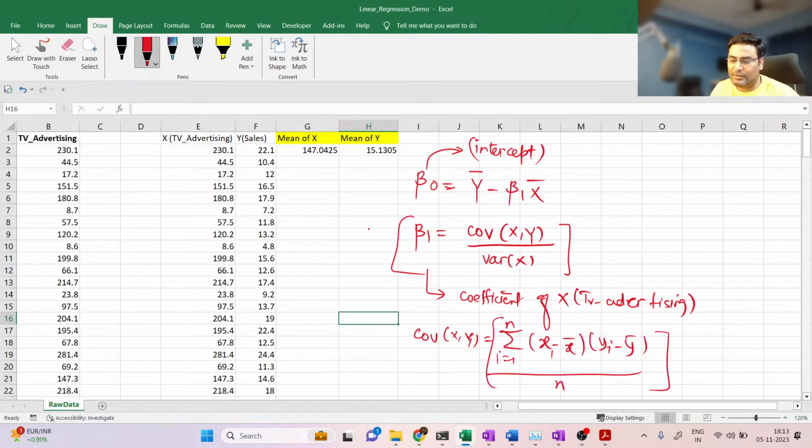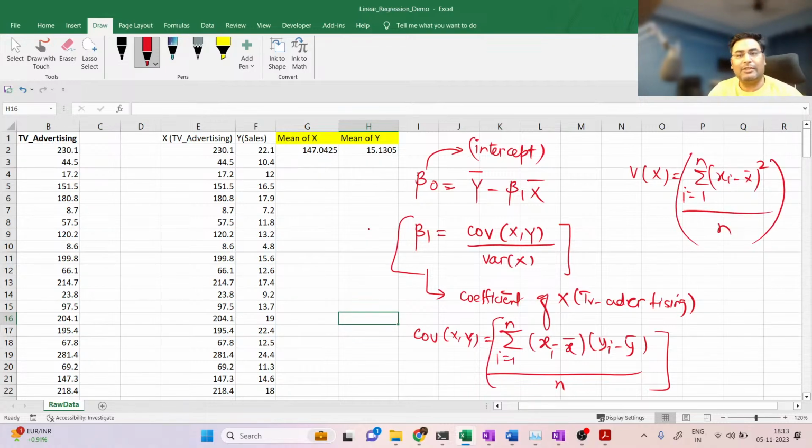That's your covariance. And what is variance of x? It is sigma of xi minus x bar whole square, i equal to 1 to n, divided by n. Clear, guys? That's your variance of x. So now these are the formulas that you have to keep in your head.